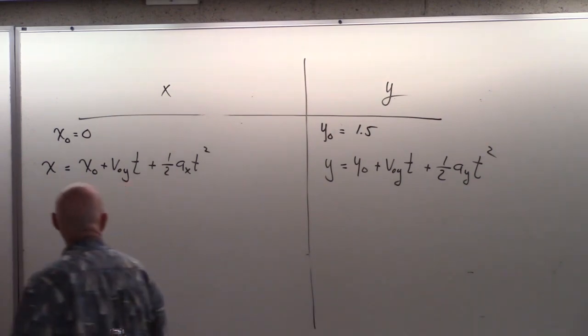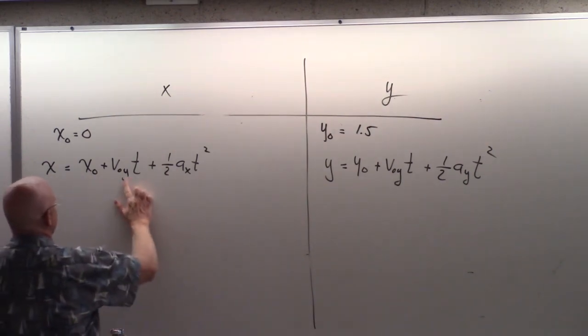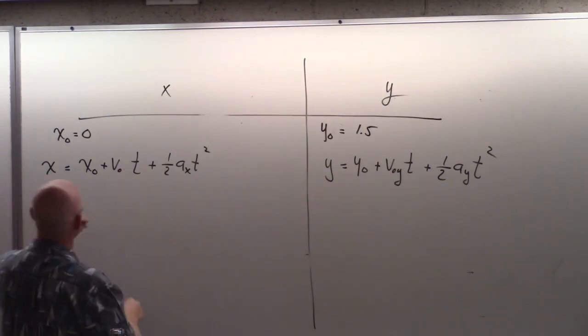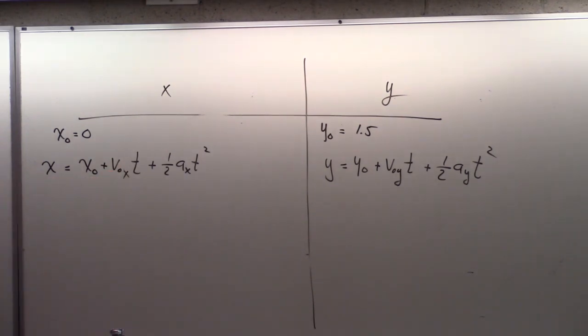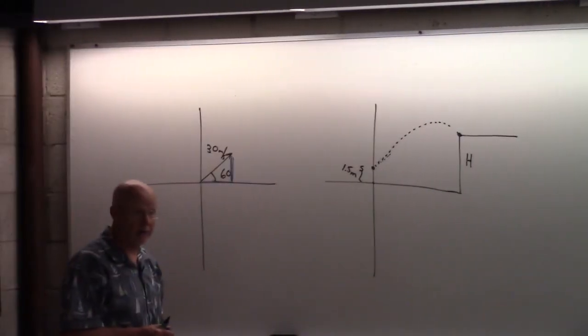Now, as we did in the last one, to do all this, we have to take that very important first step and write down what is the initial speed in the x direction and what is it in the y direction.